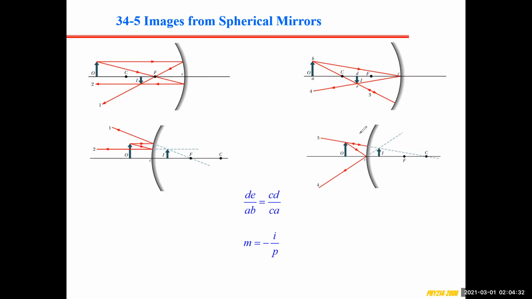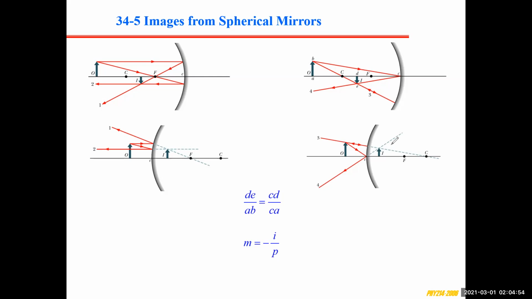And then for the other two, if the incident ray's extension line goes through the center of curvature, the reflected ray will have no deviation. Or the one that is coming at the vertex is reflected symmetrically.